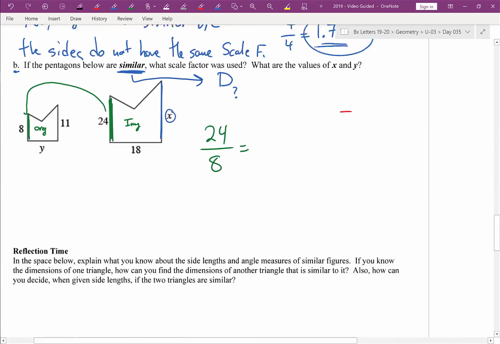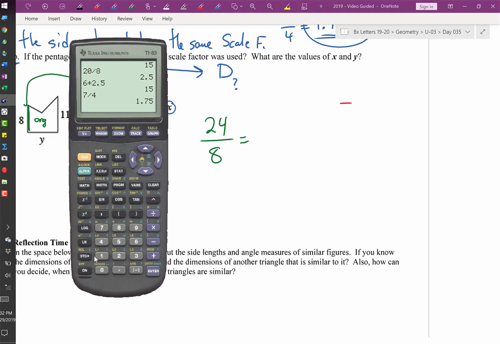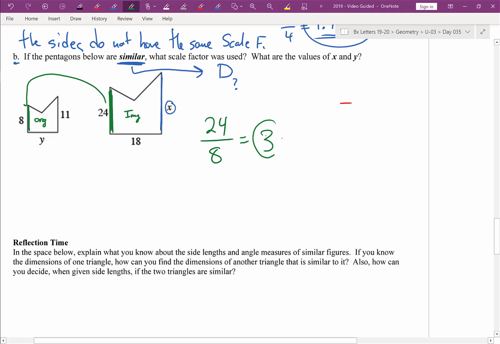That's what I'm doing here. I'm finding out that my scale factor is the result of 24 divided by 8. It's 3. So if this is my scale factor, I am supposed to take 11 and times it by 3 to figure out that this side is 33.